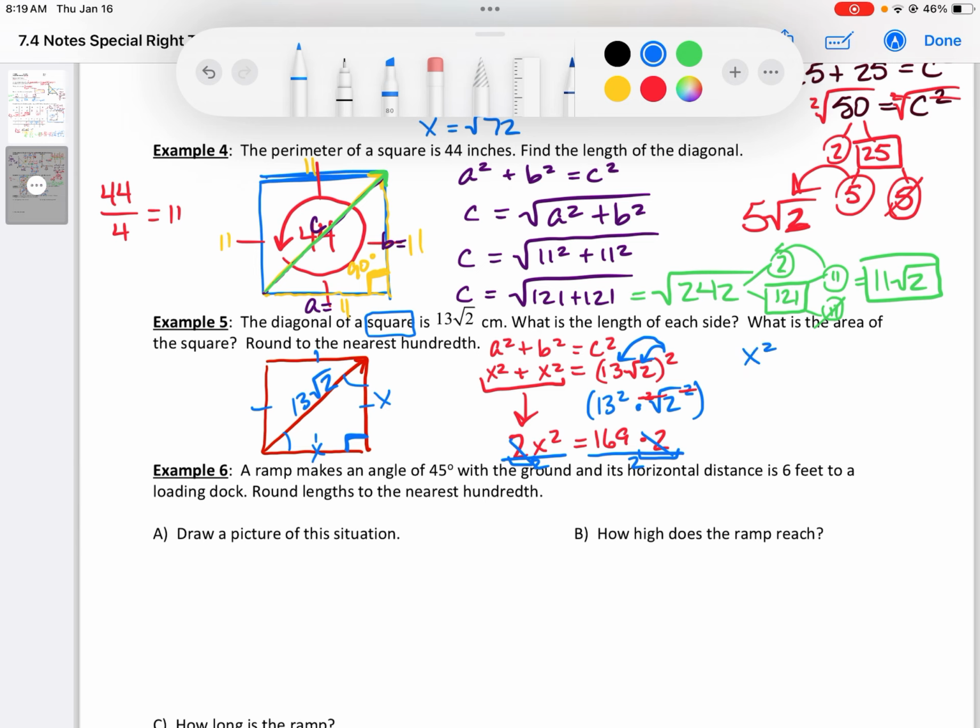And so what I'm left with is x squared equals 169. And if I find the square root of both sides, x is 13. Both of these equal 13. And that actually, again, fits this same pattern that we've seen in the last couple of questions.